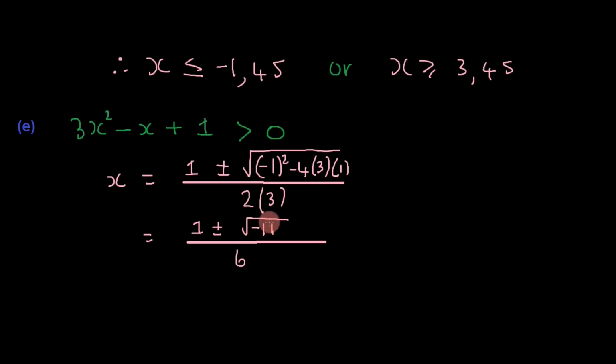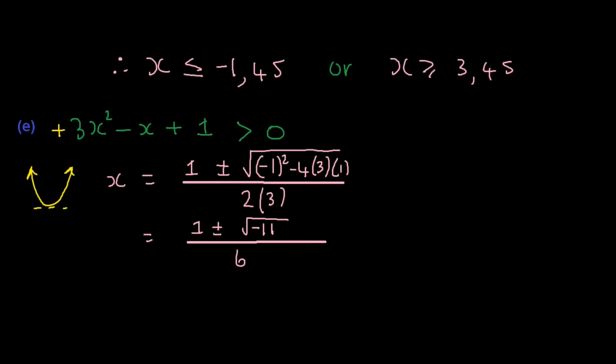So we see that in this case, we get the square root of a negative number, which is non-real, and it means that this quadratic doesn't have any real roots. Now, what's also important to note is that the x squared coefficient is positive. In other words, it's a smiling parabola, like a positive person. It has a minimum value.